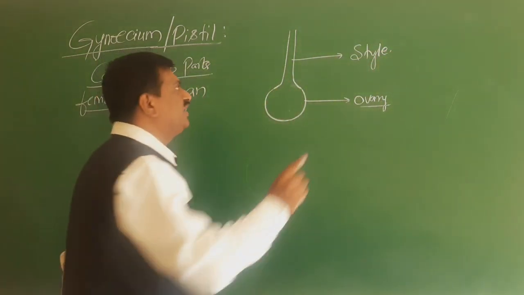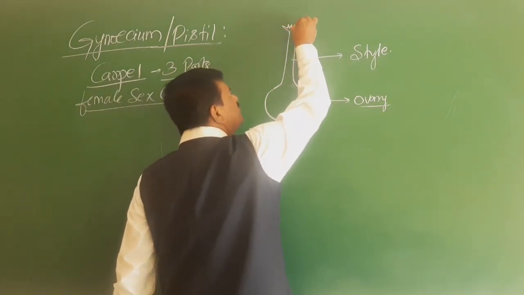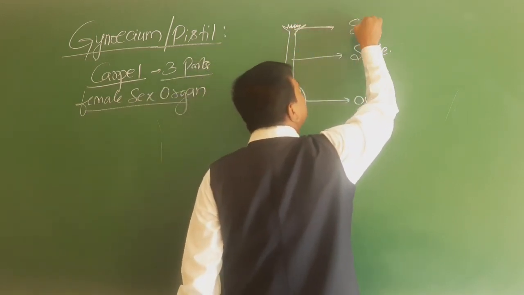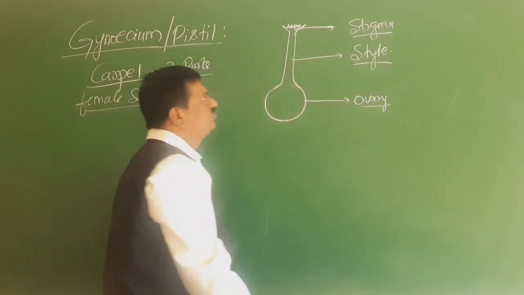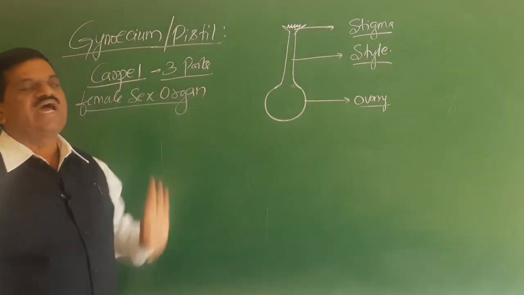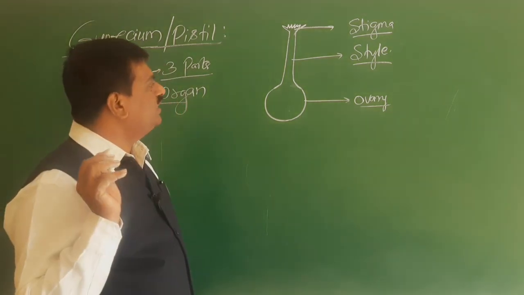And the third part, at the tip of the style, is the stigma. So the carpel has 3 parts: ovary, style and stigma.